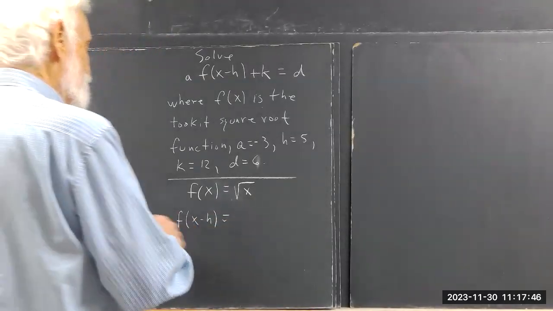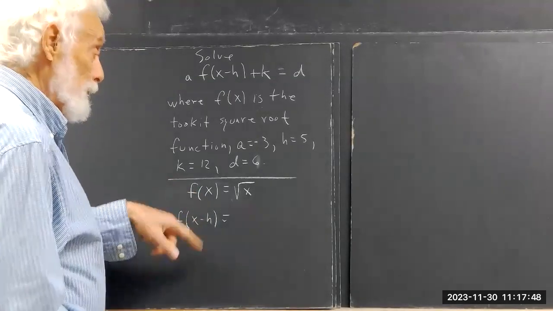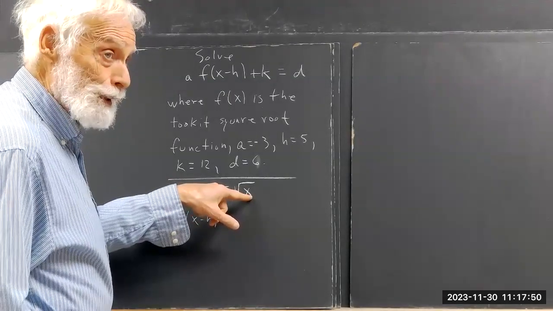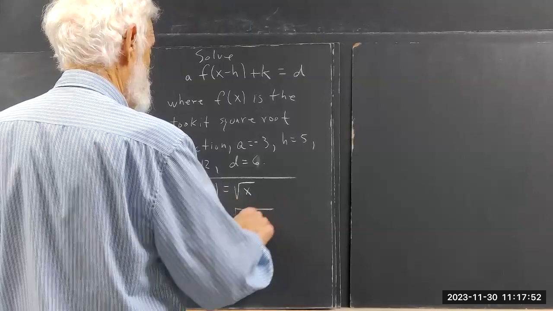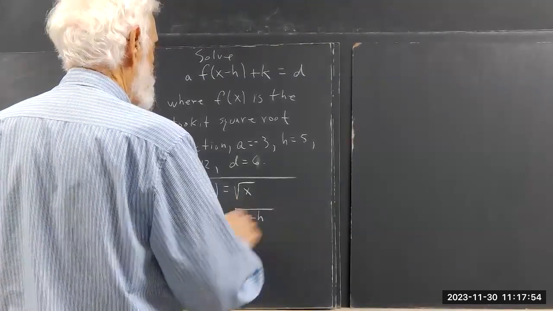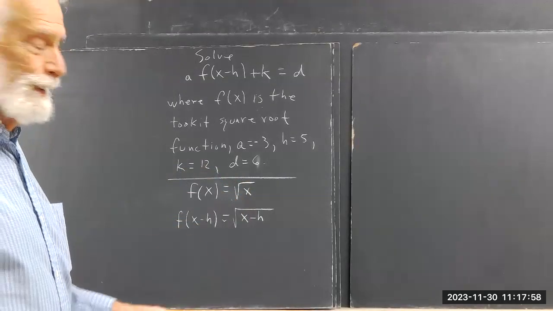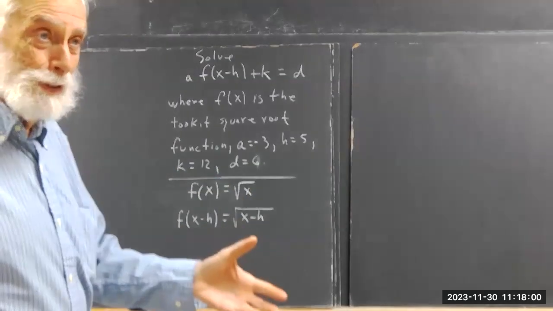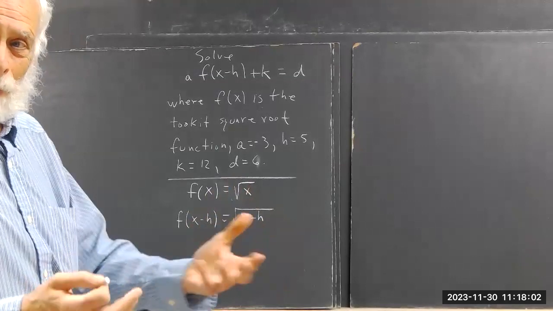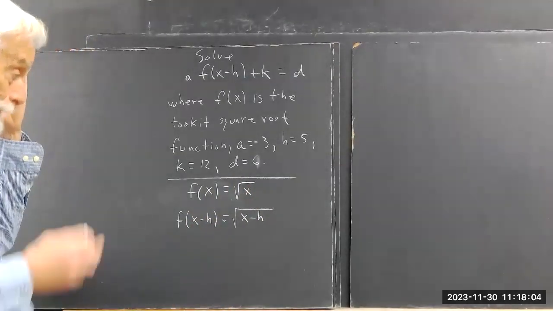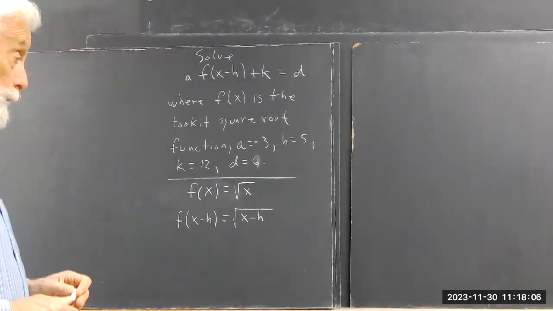Okay, so x is being replaced by x minus h, so we replace x by x minus h. I've done that and pointed to that and said that 150,000 times this semester. It seems that way, and you're probably getting tired of hearing it. But some people still need to hear it. So if you do, there it is.